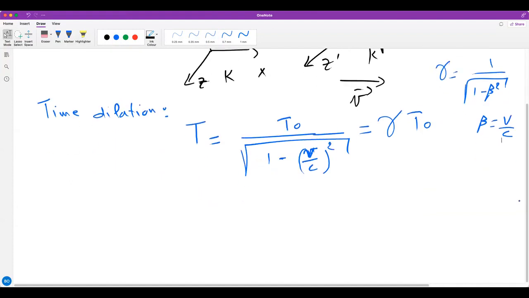Okay, so what is the proper time? We have explained this in a course, and there is plenty of material that explains what the proper time is.